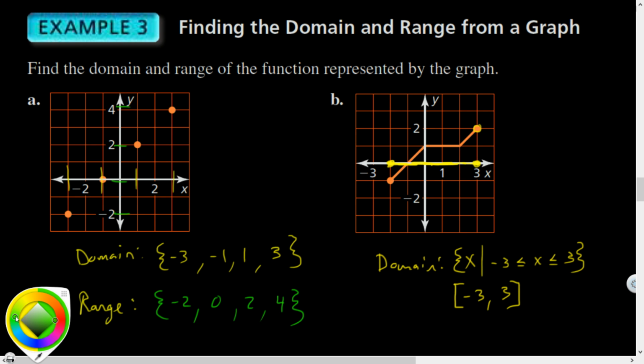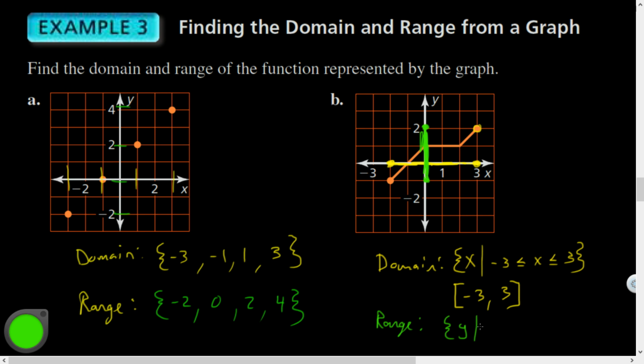Okay, let's talk about range over here. All right, so range. Could I get -2 out of this function? No. Could I get -3? No. The first value I could have gotten was at -1, and the biggest value I could get is at +2, and it looks like it gives me all values in between there. So I'm going to say the set of all y such that y is between -1 and 2.